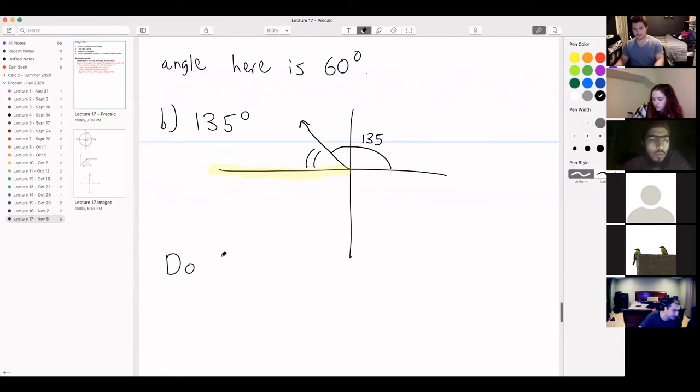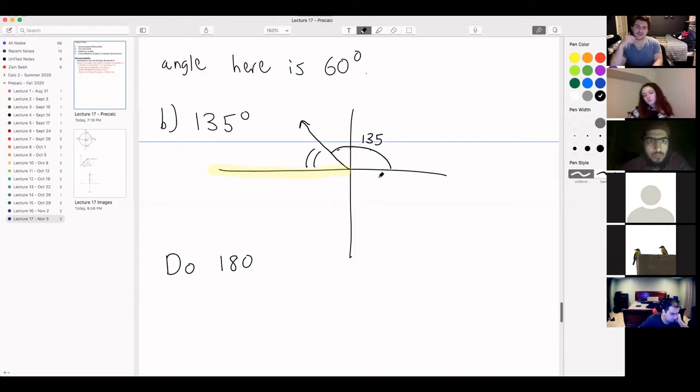Just out of curiosity, why wouldn't you do 360? Well, if I have this angle as 180, and I have this 135, if I take out 135 from the 180, I'm going to be left with precisely this.